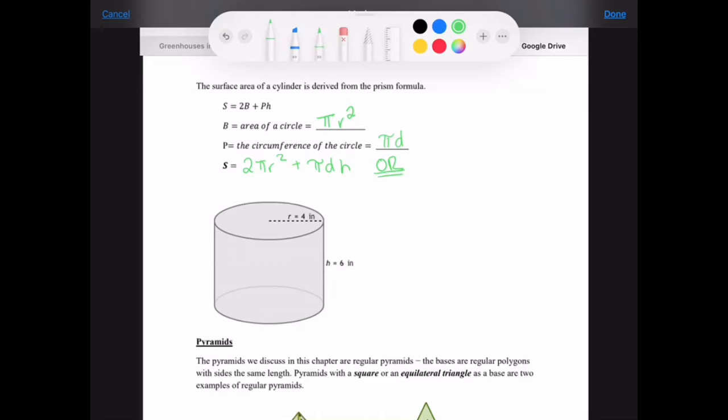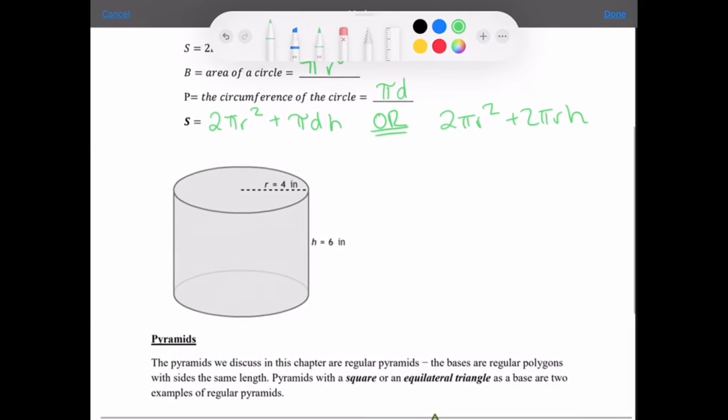Or if you just want to be working with the radius, it would be 2 pi r squared plus 2 pi r times the height. Okay? So let's look at this formula here. This cylinder.